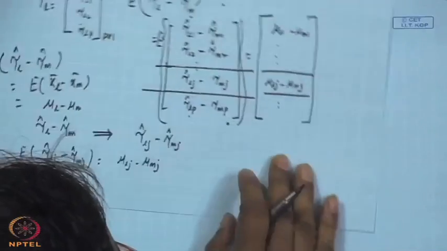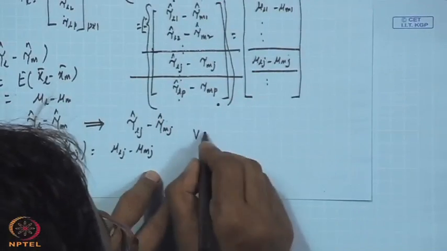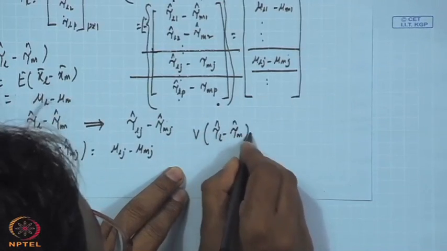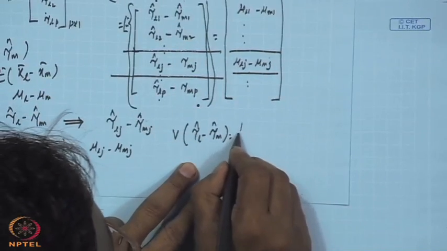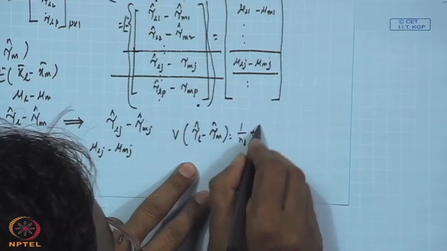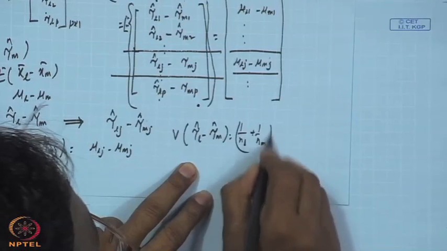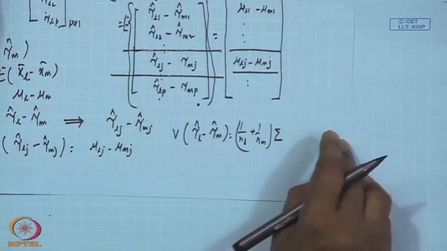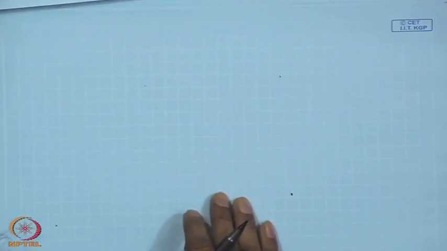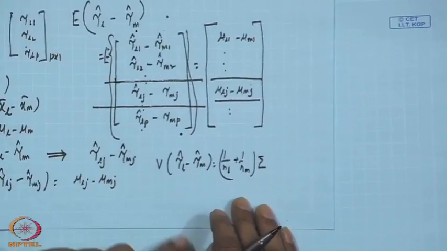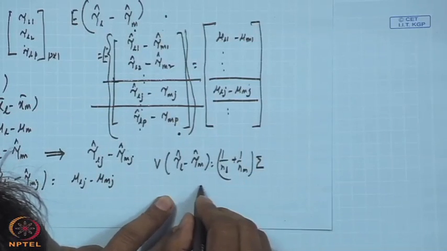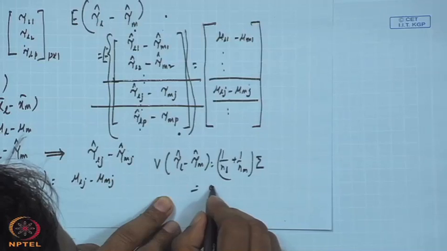Then what will be the variability? The variability of tau L minus tau M you have seen as 1 by N L plus 1 by N M, times sigma. If we write this quantity as C, it is basically C sigma.